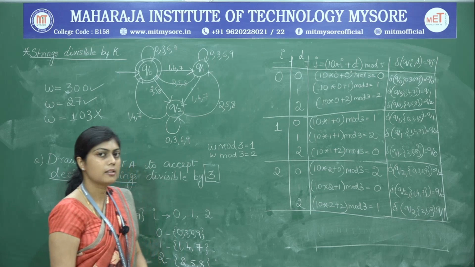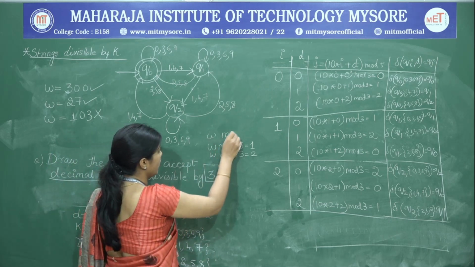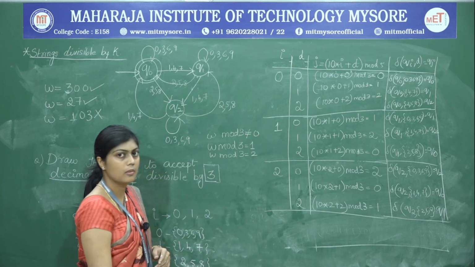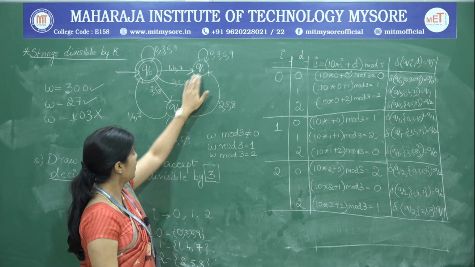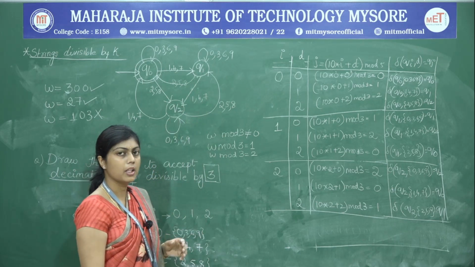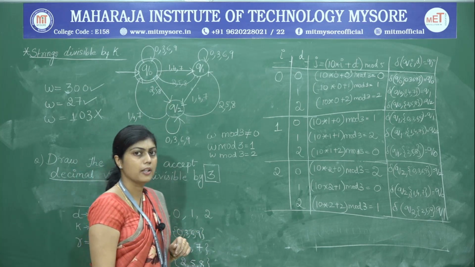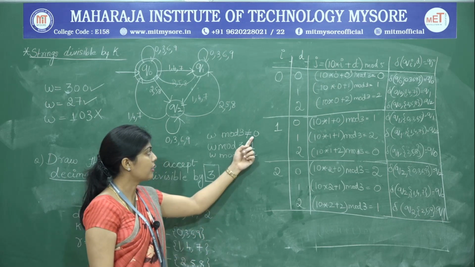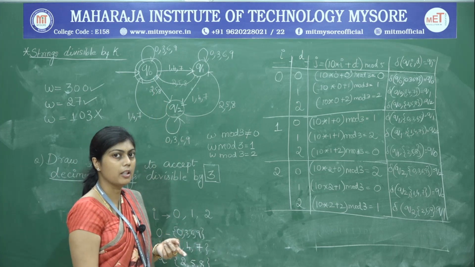The problem may be asked in another way also: W mod 3 is not equal to 0. In this case q1 and q2 become the final states, and q0 is not a final state. The reason is that we are not interested in anything which is divisible by 3, so q0 should not be accepting anything.